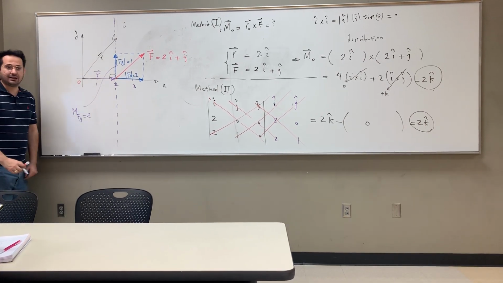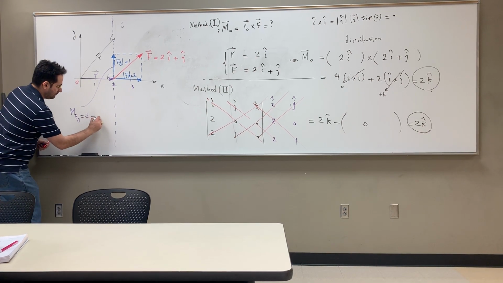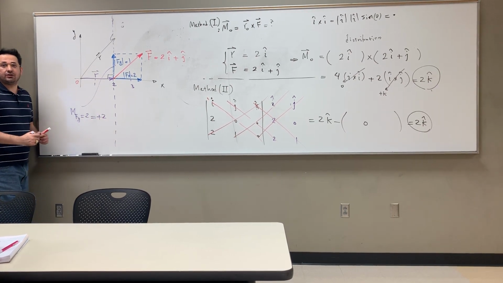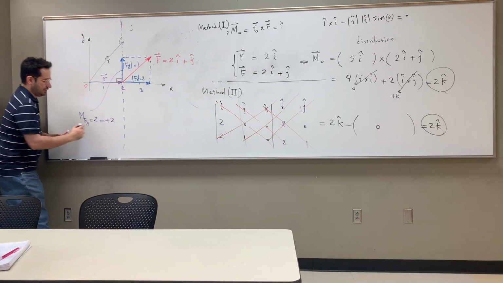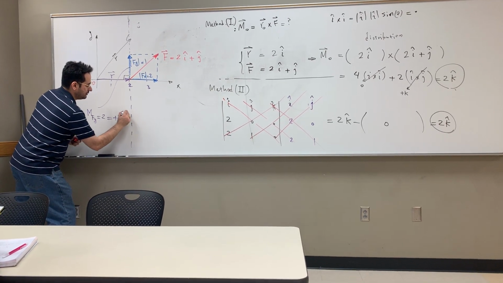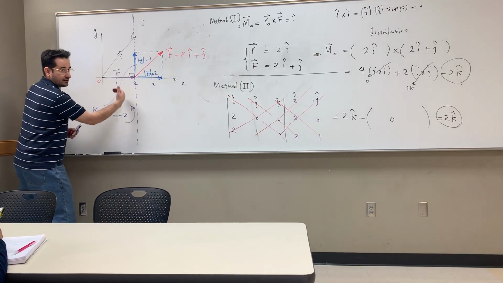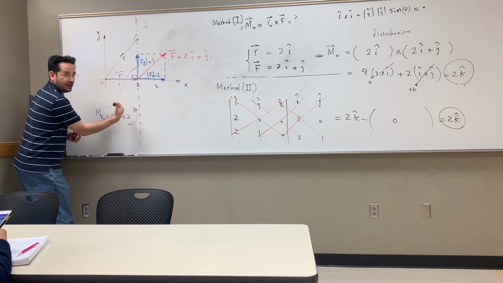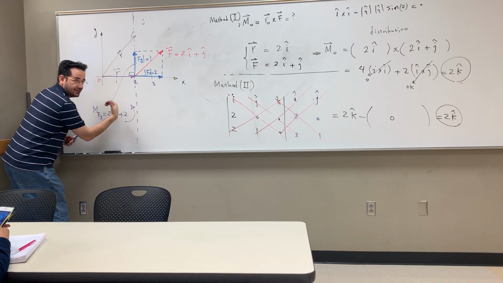You can show it like that. Positive 2K. Or in some books, including your book, they say 2 and put a curved arrow like that, that shows the direction of your right hand, right?